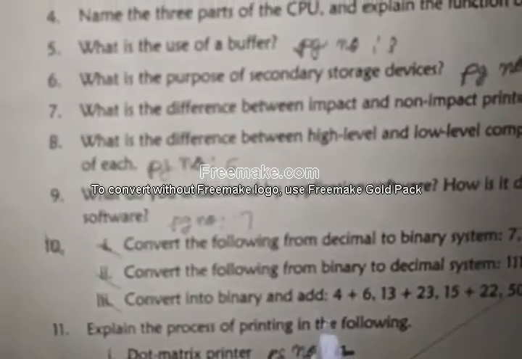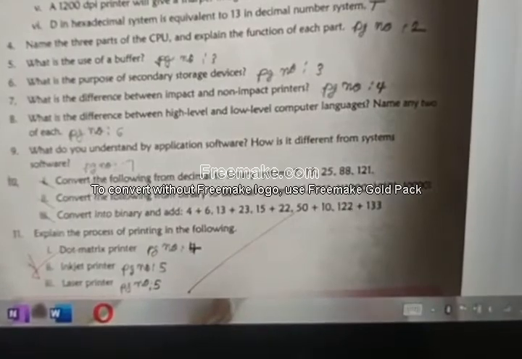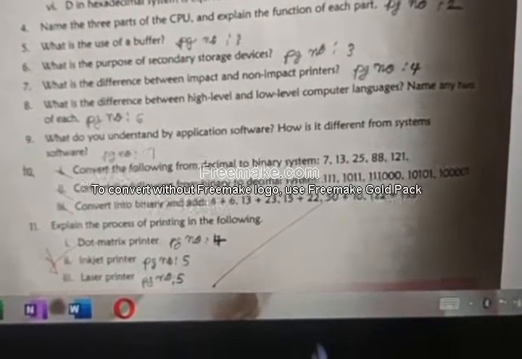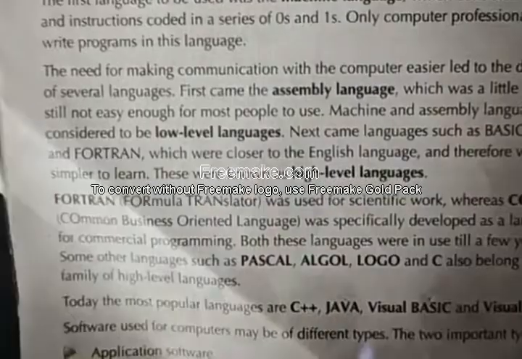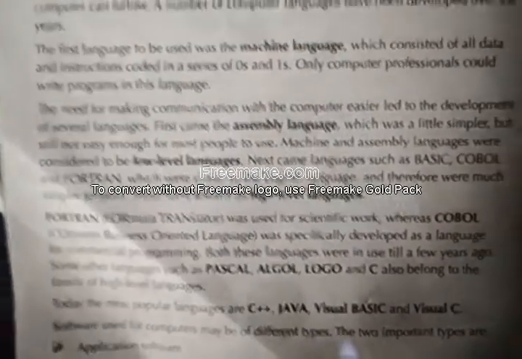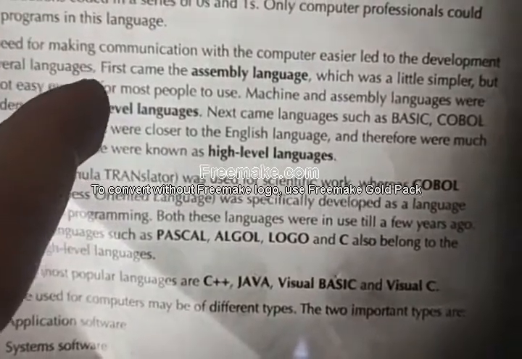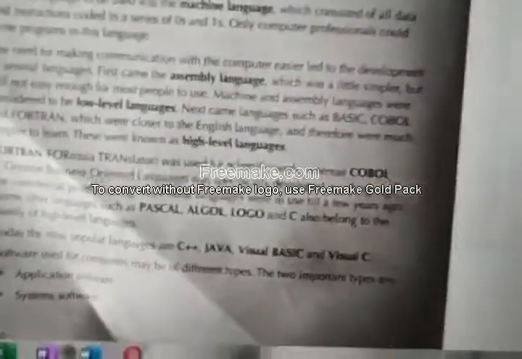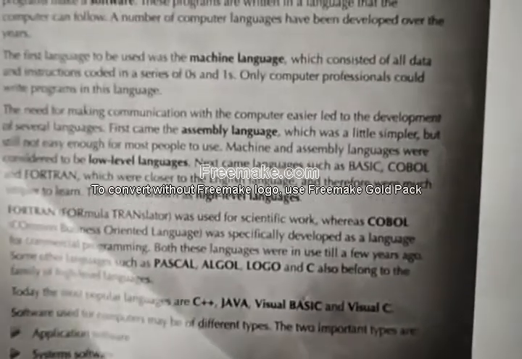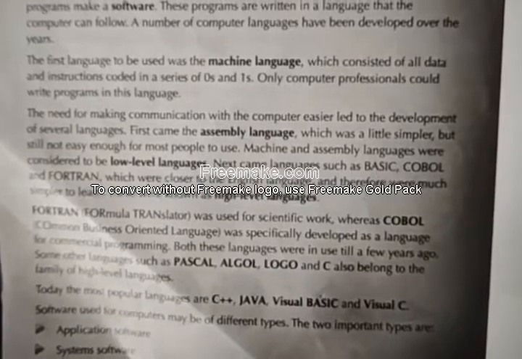Now we are going to see question number 8. What is the difference between high level and low level language? Name any two of each. Page number 6. See, from first came till high level languages. First came assembly language, which is little simpler but still not easy enough for most of the people to use.